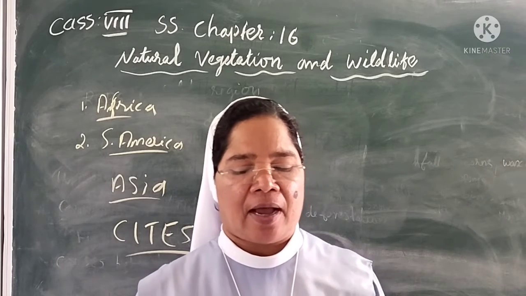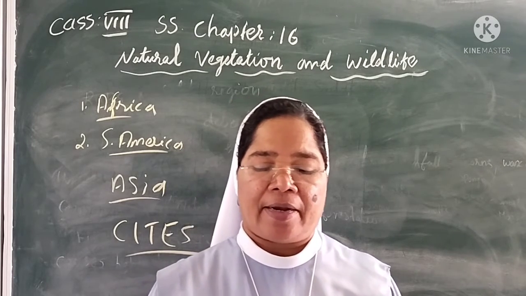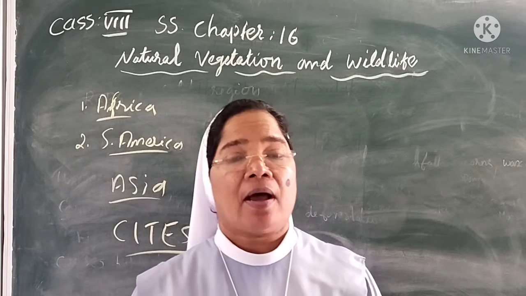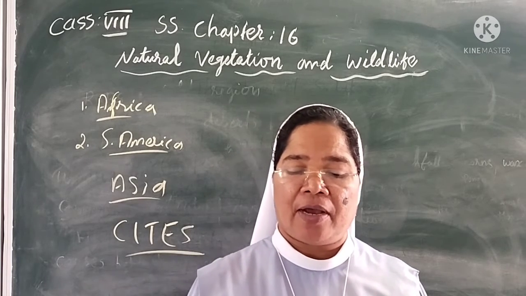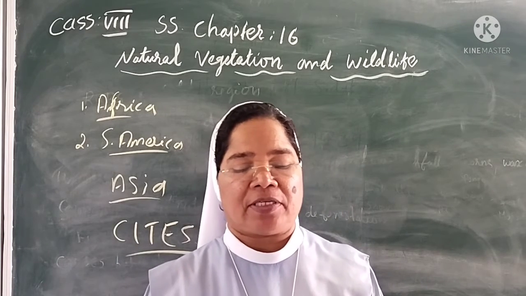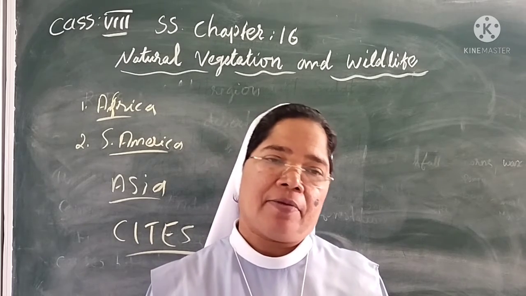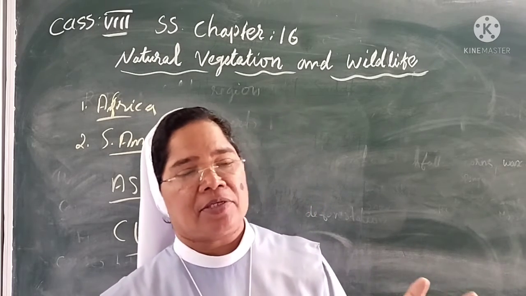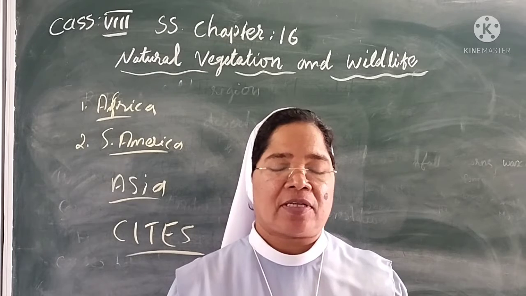This has destroyed the habitat of the various animals. The damage done to the natural habitat has led to the extinction of many species of plants and animals. So many species are destroyed.